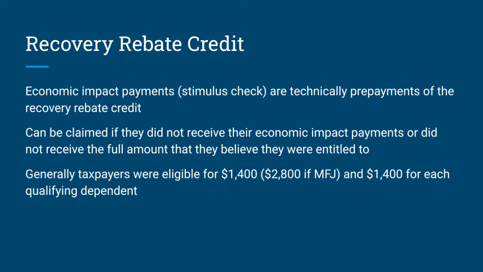And that will tell you if there is going to be a recovery rebate credit needed to be entered, because that is how they will be able to get that difference if there does exist one and they did not get all of the money that they were entitled to.